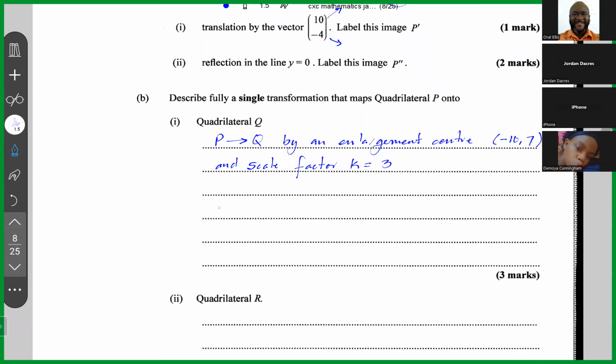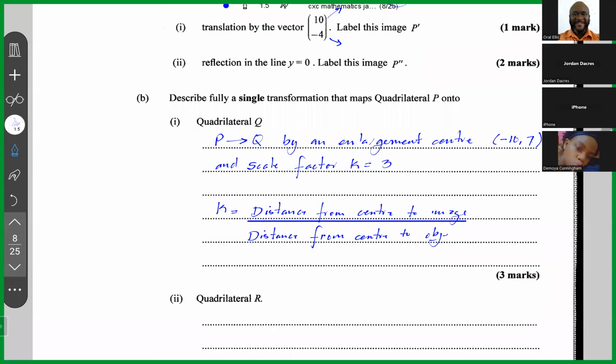Remember, K is equal to the distance from center to image divided by the distance from center to object.